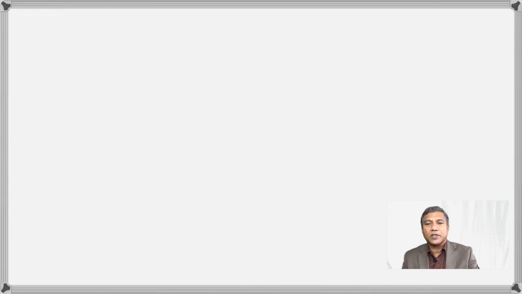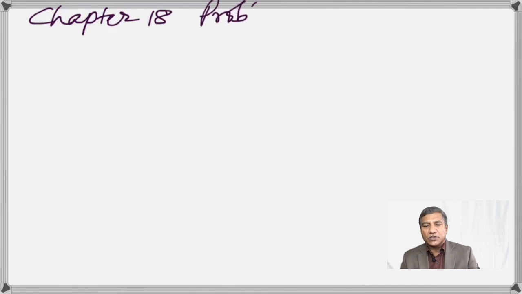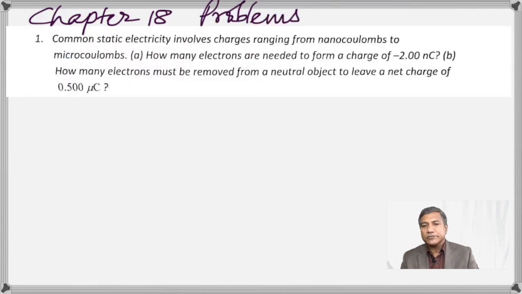Here we have problem number 1 coming up in chapter 18. So this problem talks about common static electricity involving charges that are really small, ranging from nanocoulombs to microcoulombs. Nano is 10 to the negative 9 and micro is 10 to the negative 6.